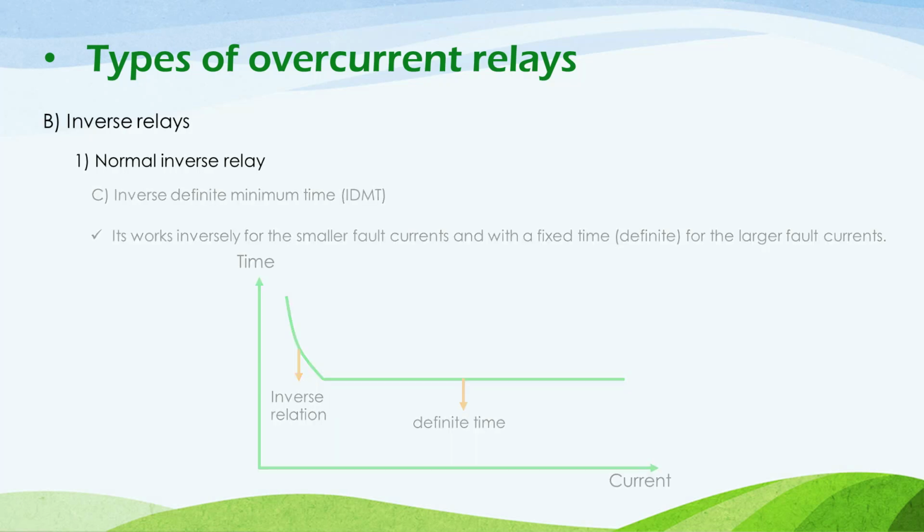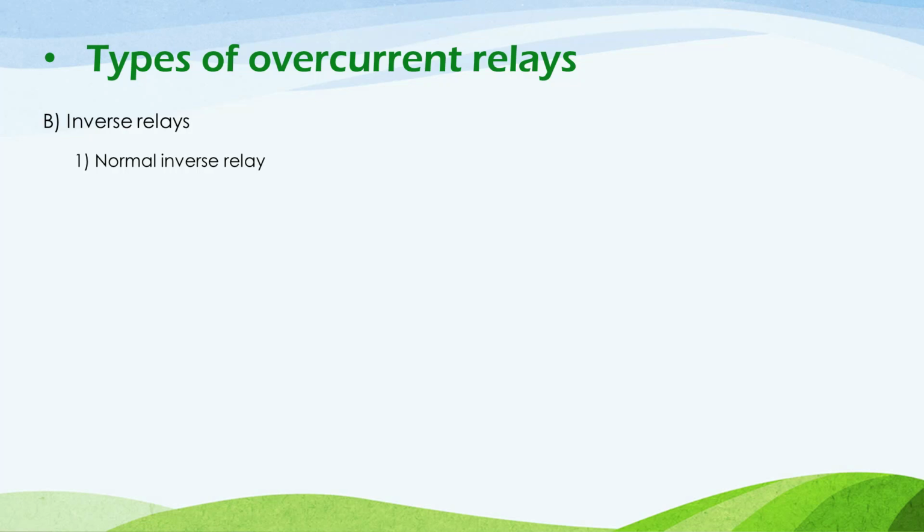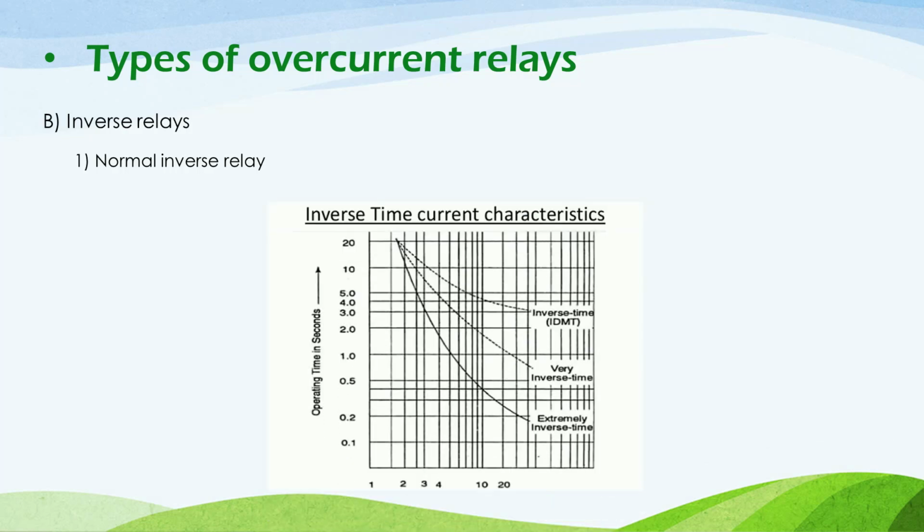And we can see the relation between the current and the time for the three types of the relays: the very inverse, the extremely inverse, and the inverse definite minimum time relay in that graph. As you see, this is the inverse definite time curve, and this is the very inverse type current time relation, and this is the extremely inverse graph.